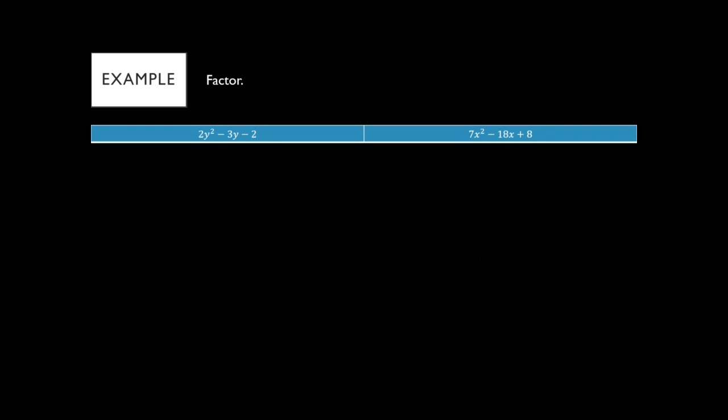We've got 2y squared minus 3y minus 2. Actually, you know what? I'm going to do a different one because all of these only have one combination for the first number. So I'm going to just make up something else.